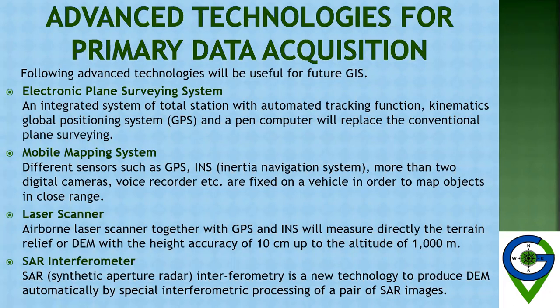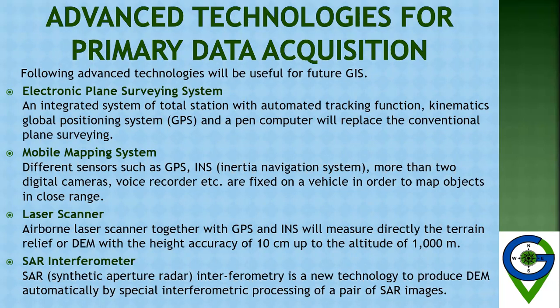Then the advanced technologies for primary data acquisition are as follows. The following advanced technologies will be useful for future GIS. First, the electronic plane surveying system: an integral system of total station with automated tracking function, kinematic global positioning system, and a pen computer will replace the conventional plane survey.